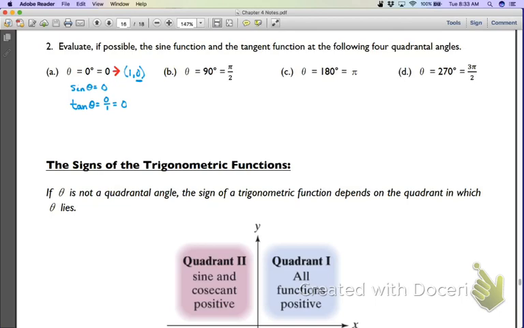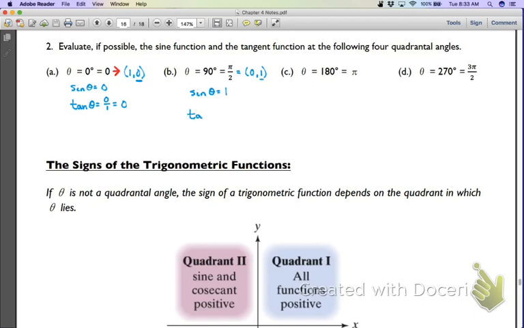What's going to happen if we have a 90-degree angle? What are my two values? What's my coordinate if it's at 90 degrees? 0, 1. So then sine of theta, again, is my y value. So it's 1.